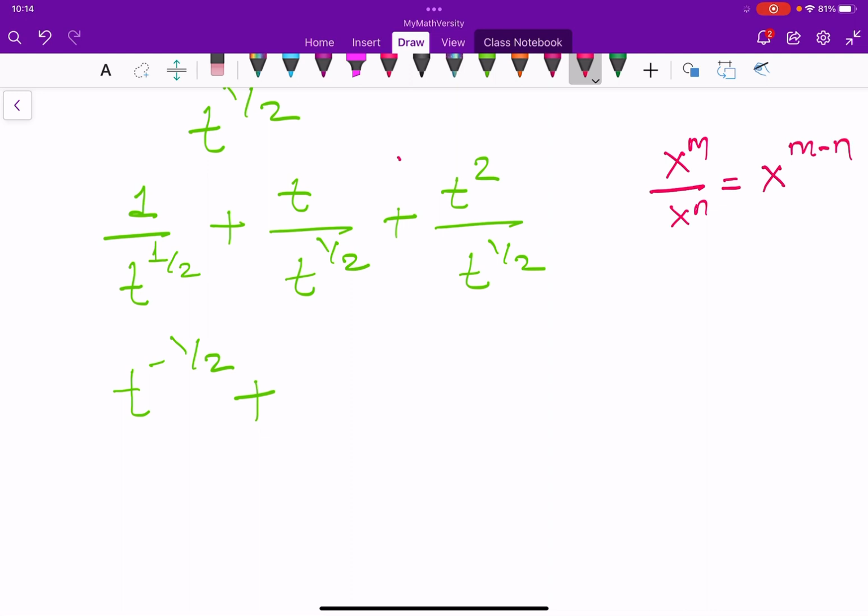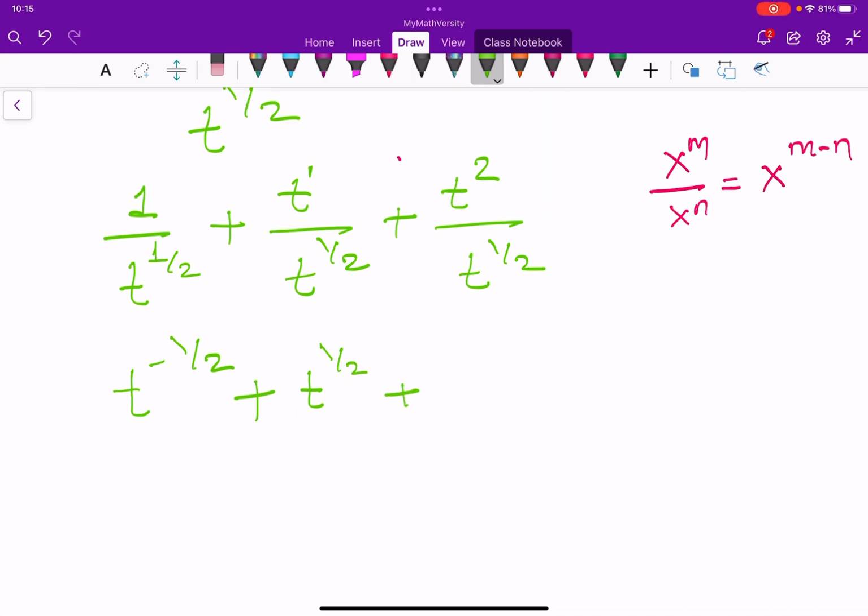We can use that law to rewrite the second term, where t is t to the power 1. So we have t to the power 1 minus 1/2, and what is 1 minus 1/2? Just 1/2.